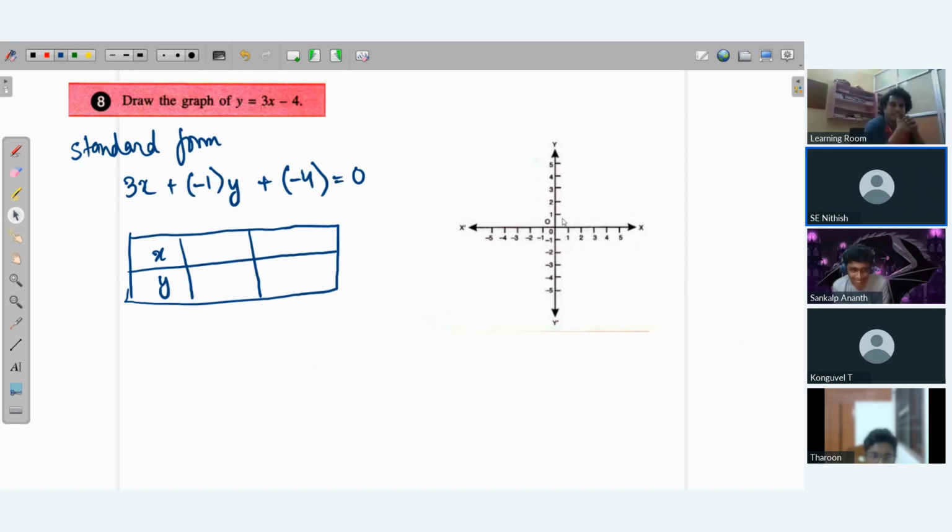Yeah, I can assume a value. So can I start with 0? Yeah, why not? Actually, easiest way is to take x equal to 0 and next time y equal to 0. If I take x equal to 0, I will get y is equal to 0, right? No, wait, that's not accurate.